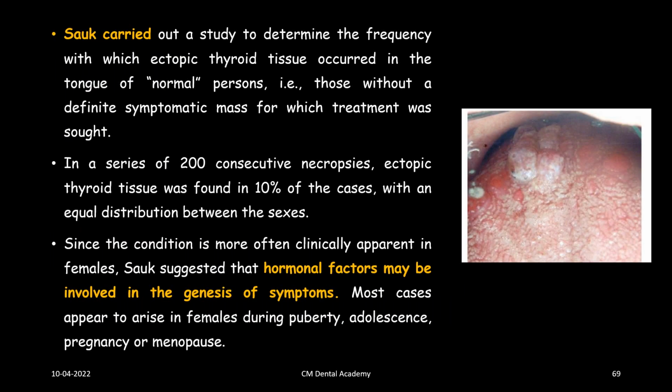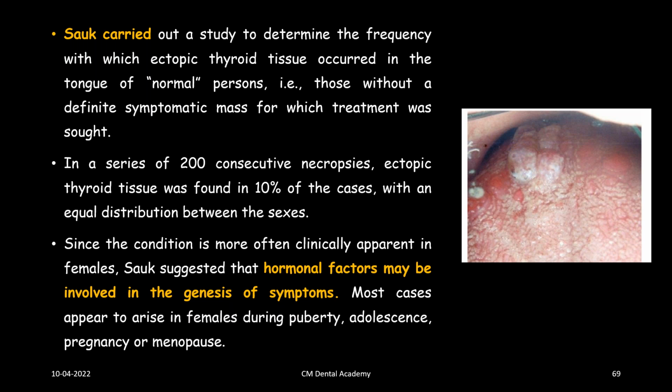Salk carried out a study to determine the frequency with which ectopic thyroid tissue occurred in the tongue of normal persons. In a series of 200 consecutive necropsies, ectopic thyroid tissue was found in only 10% of the cases, with equal distribution between the sexes.